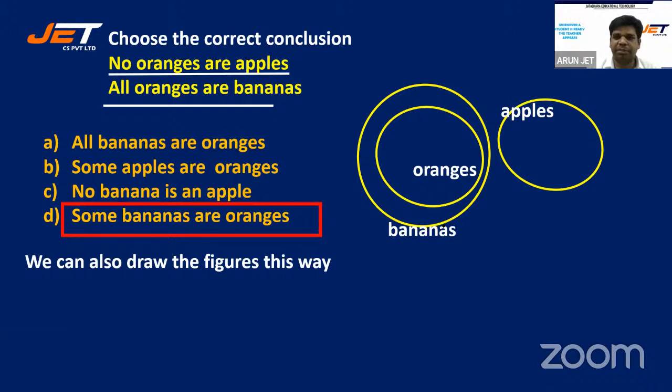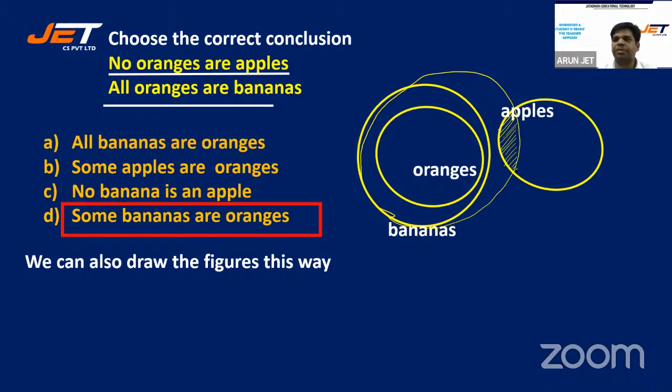If this is my bananas, so this could be my bananas, where bananas and apples are being intersected. So C could be wrong, students.